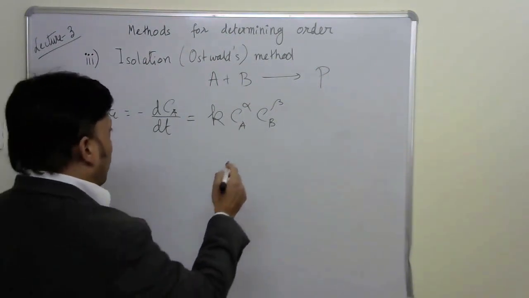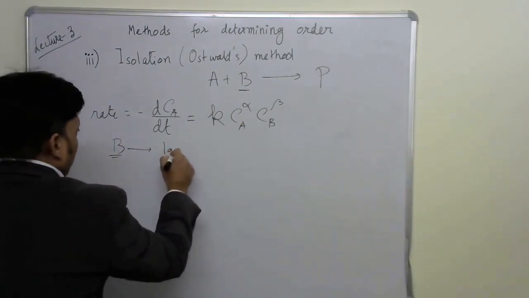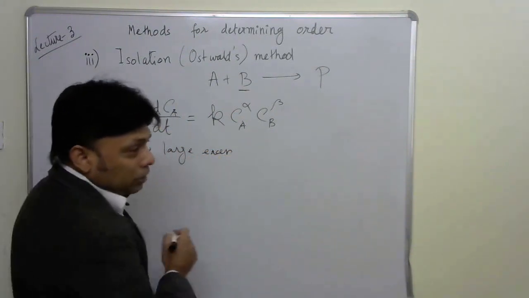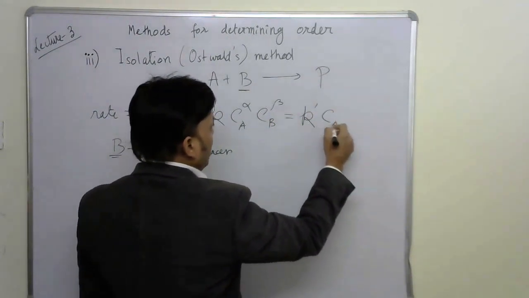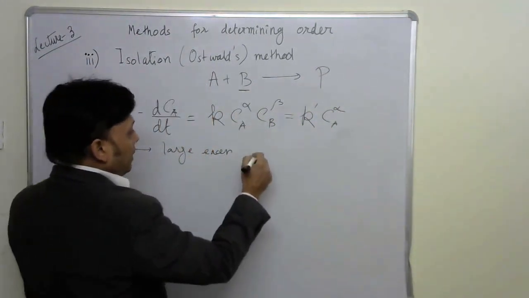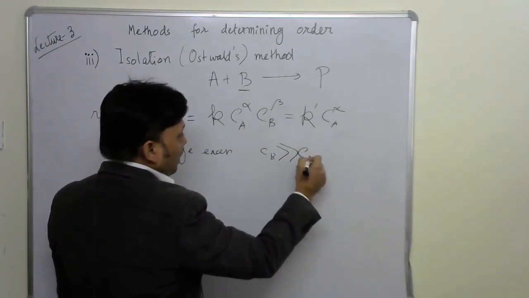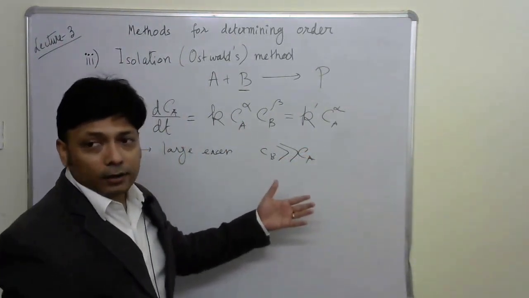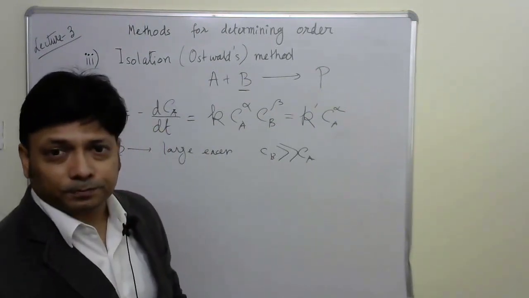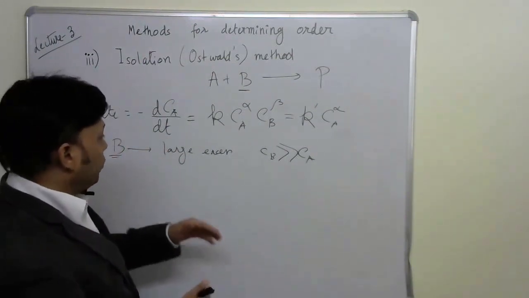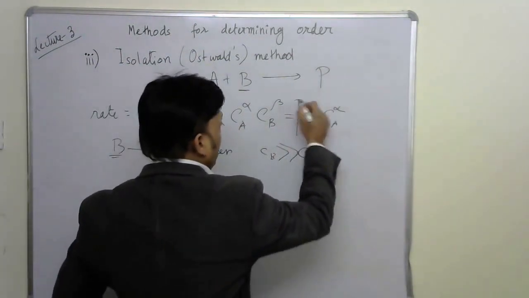So for a reaction like this, we take the reactant B in a very large excess, so large that this rate equation can be represented as K prime CA to the power alpha, because the initial concentration of B is much higher than the concentration of A. So the concentration of B remains virtually constant throughout the reaction.